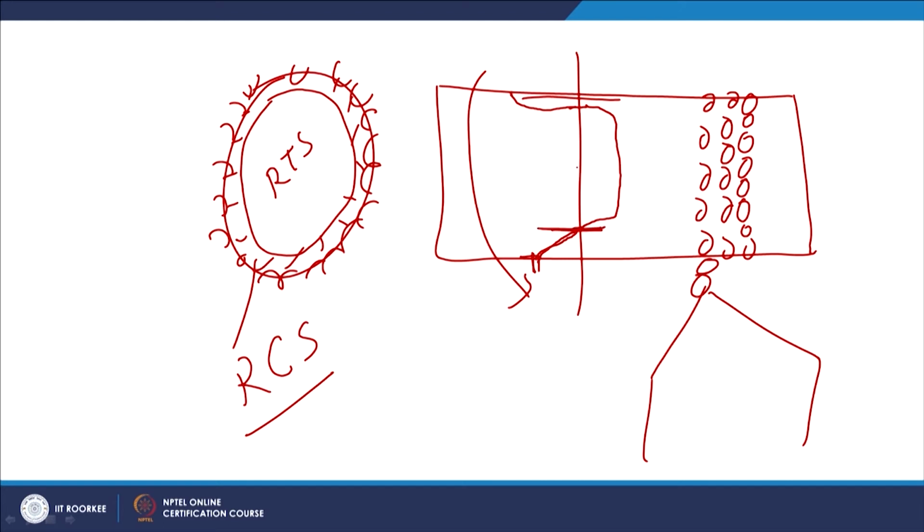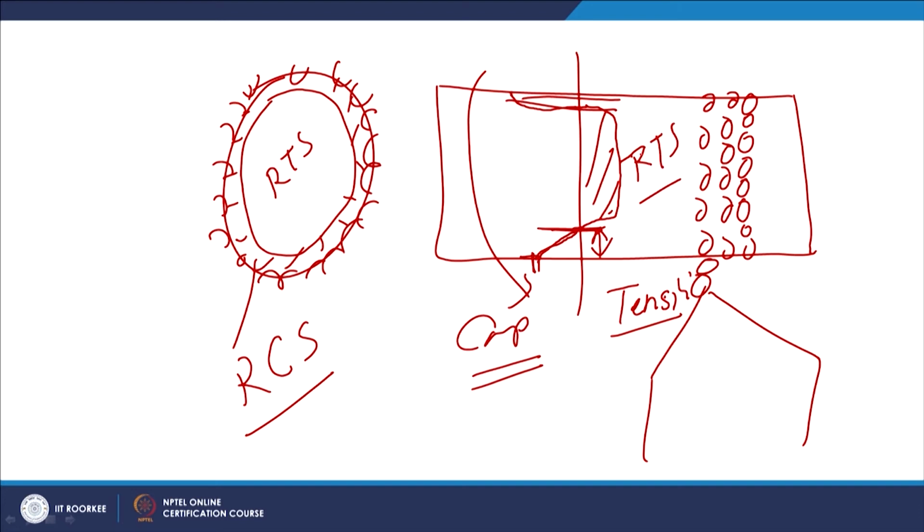So, this is the zone under the effect of residual compressive stresses, and this zone corresponds to the tensile stress. The core of the shaft will be under residual tensile stress, and the surface layers under residual compressive stress, which is favorable from the mechanical performance point of view.